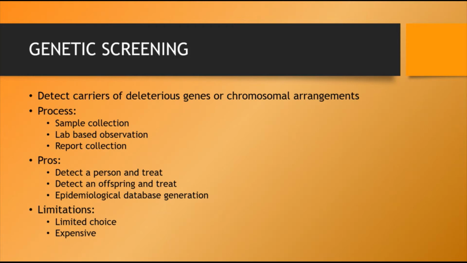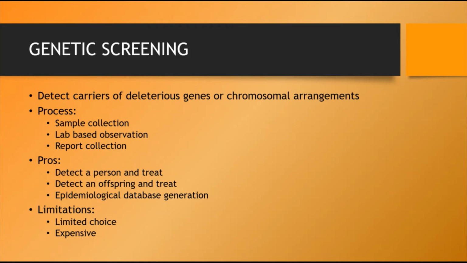It's collected and it is sent to the lab, and there are specific changes which are observed generally in terms of your chromosomes, structure of the chromosome or the DNA or the proteins, and the results are then sent to the doctor or whosoever is the genetic counselor that you are dealing with. Thus, using the reports that are given based on the lab analysis, they usually detect whether the individual has a genetic disorder or not.